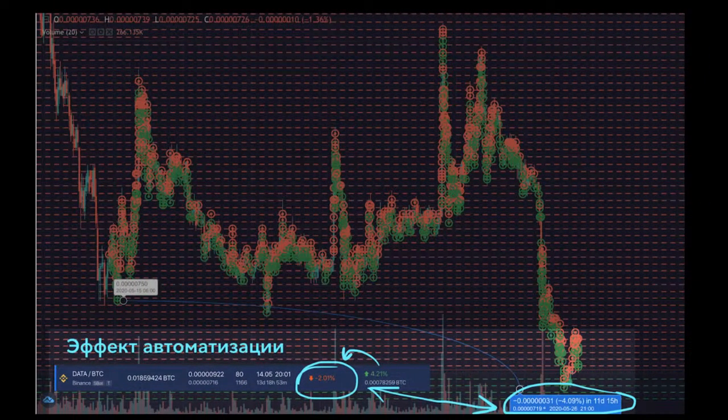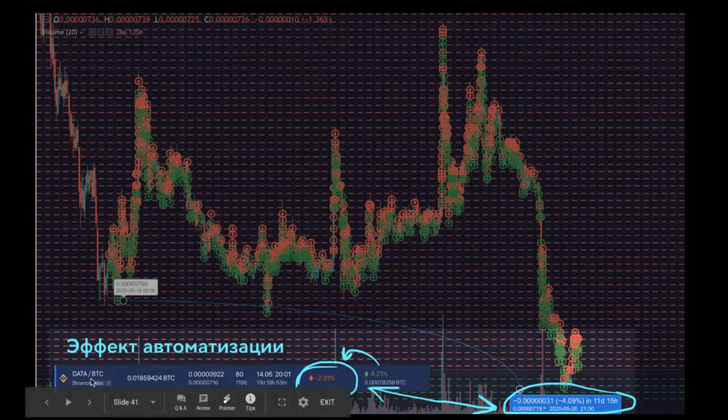So here's the example. It's ADA trading to BTC. So let's assume that you are a hodler. So let's say you bought ADA at that price and then did nothing about it. So you just bought it and it lays in your portfolio and you are doing nothing about it.